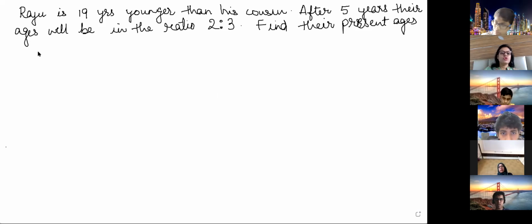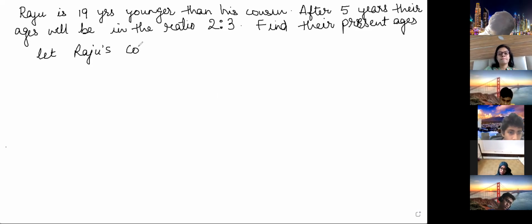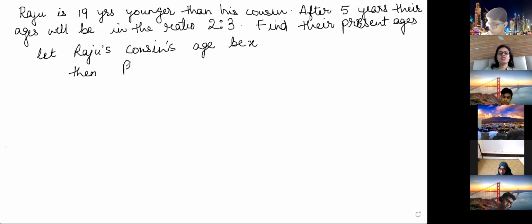Cousin. Okay. So let Raju's cousin's age be x. Then Raju's present age is equal to, always mention present, we are talking about present age.